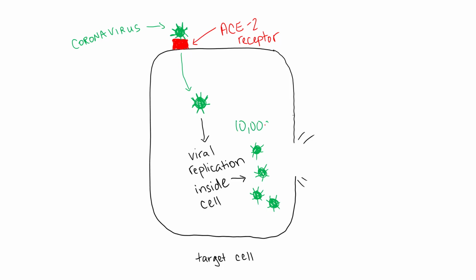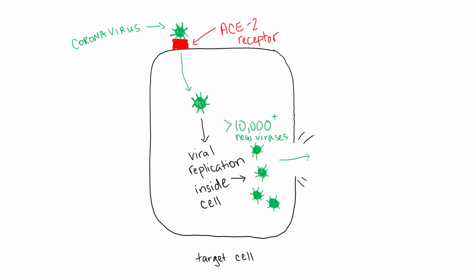So imagine this is somewhere around greater than 10,000 new viruses being synthesized or replicated inside of one of your cells, one of those cells in your respiratory tract. And then what happens now that you have 10,000 new viruses being born inside of your cell is that they fill the cytoplasm of the cell and then they rupture the cell.